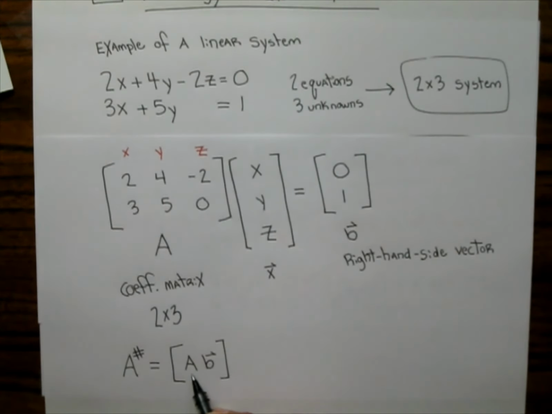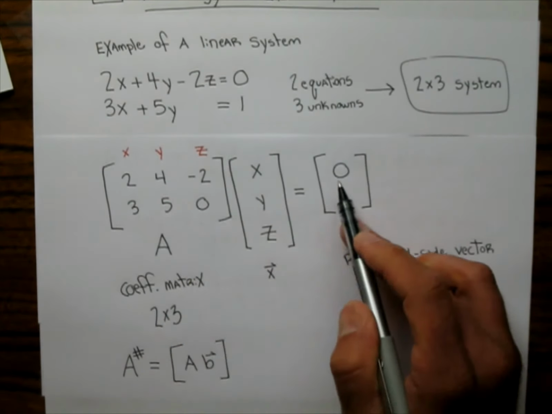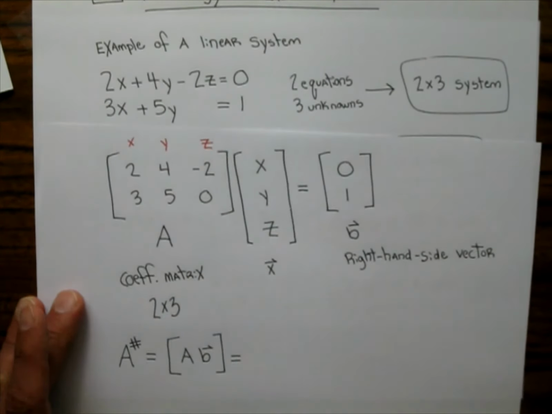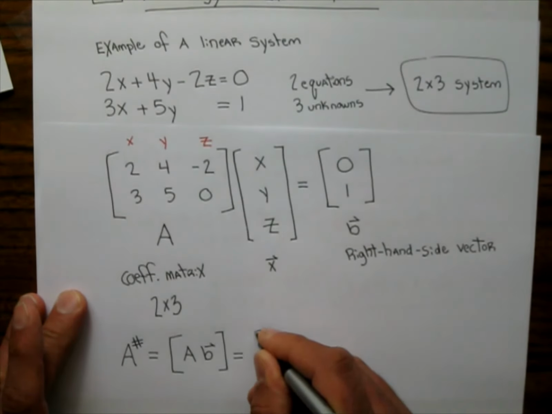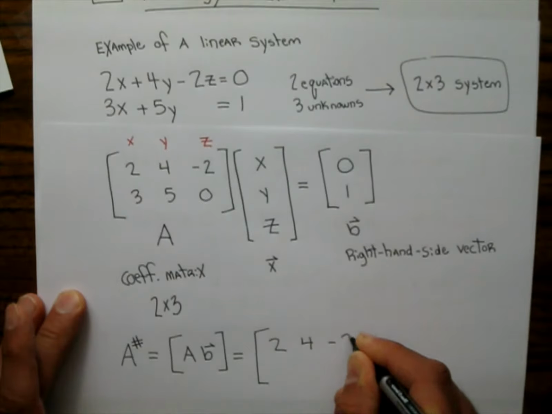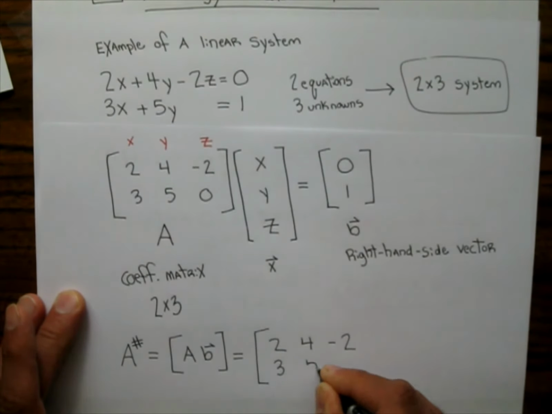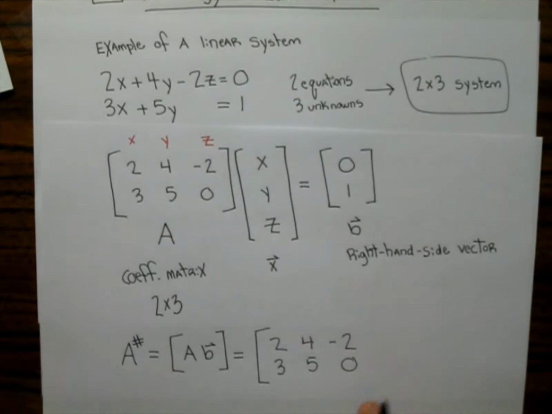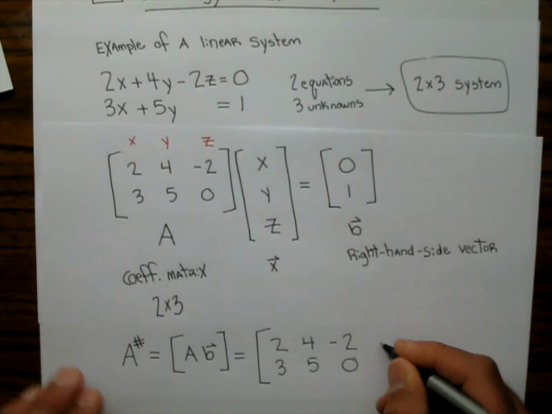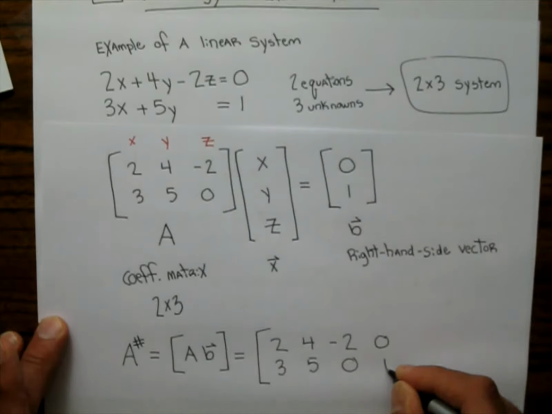We're not multiplying those together. You wouldn't be able to multiply those together because this is 2 by 3 and this one's 2 by 1. This is a concatenation. And so I'm going to write this out here. This is 2, 4, negative 2, 3, 5, 0. Okay, so there's matrix A, and then here is the right-hand side vector, which is 0, 1.